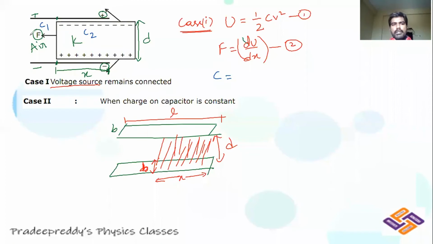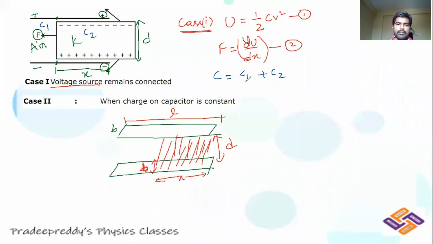The portion which is air filled has capacity C1, and the portion which is dielectric filled, let me consider its capacity as C2. And of course this comes under a parallel plate capacitor. So first I will write down C1. And how are C1 and C2 connected? C1 and C2 are connected in parallel. Therefore C will be equal to C1 plus C2.